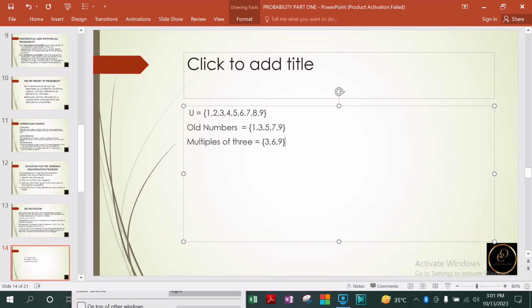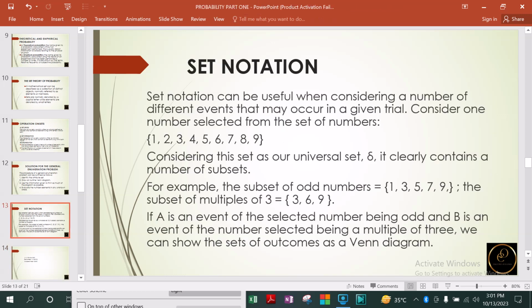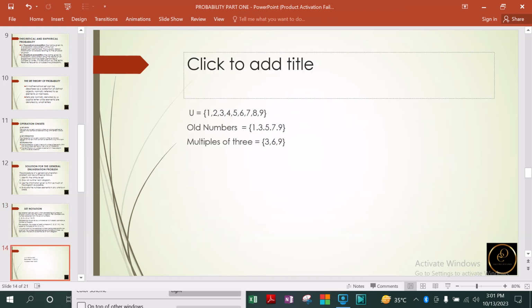So now, what are we told? We are told that we can show the outcome as a Venn diagram. In the universal set we have 1, 2, 3, 4 through to 9. What belongs to the set of odd numbers is 1, 3, 5, 7, 9.